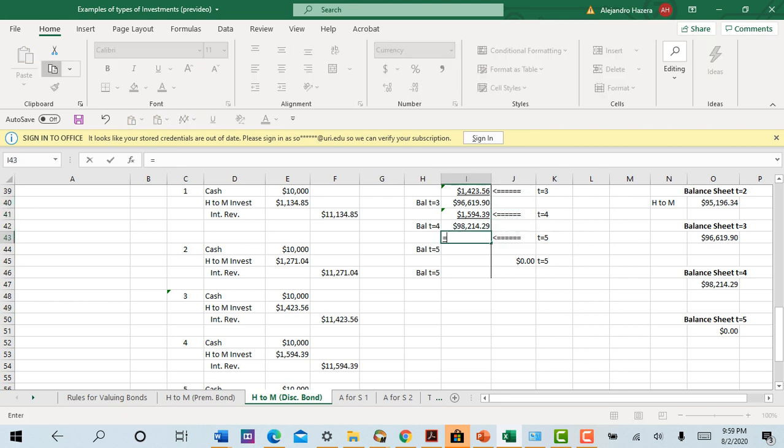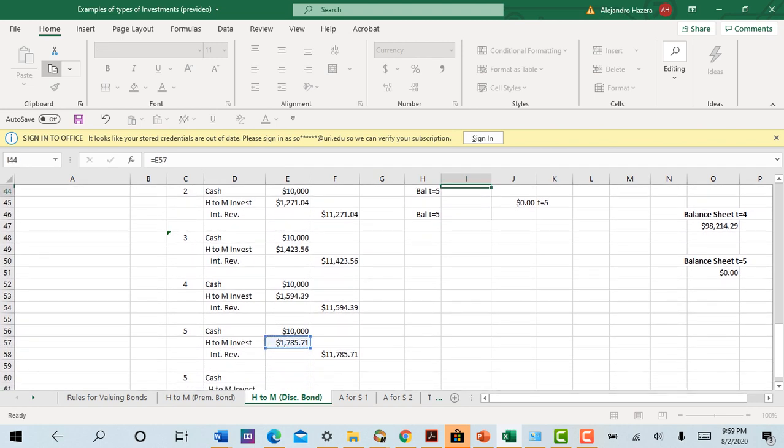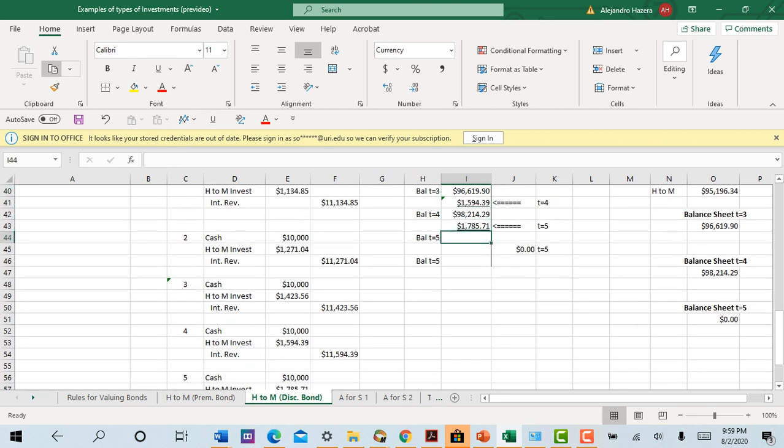If we make that debit, you should end up with a final carrying value of 100,000. So your t equal to 4 balance was 98,214. We're going to add to that your final debit.